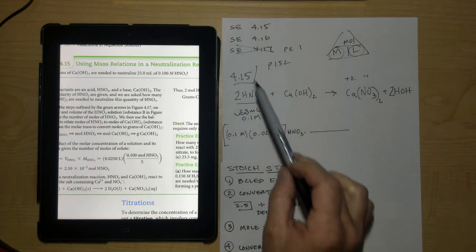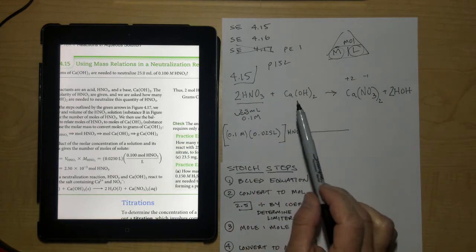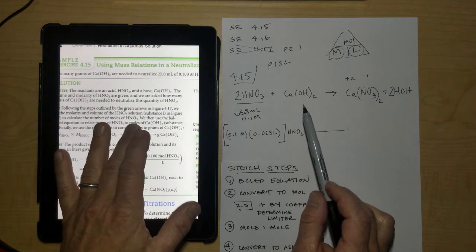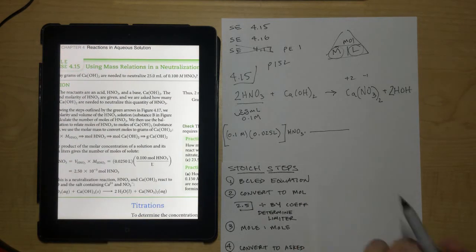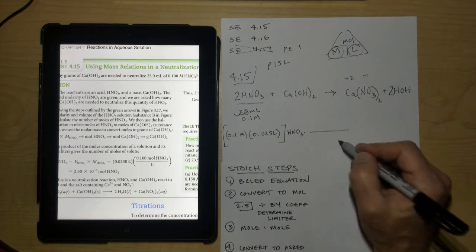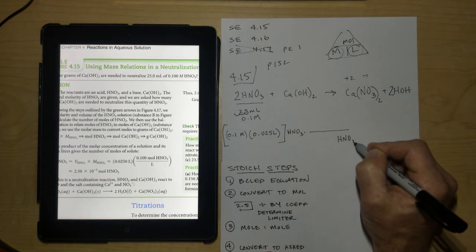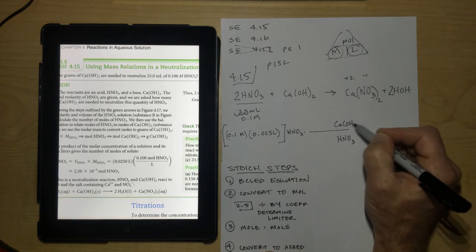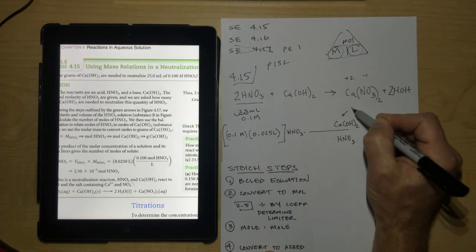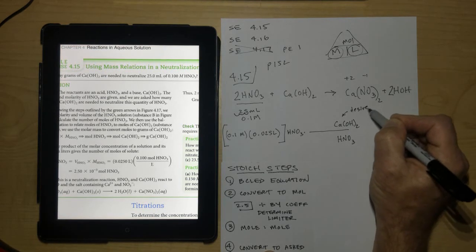Step number 2.5, divide by the coefficient to determine the limiter. I'm only given information about one of them, and it's asking how much Ca(OH)2 I'm going to need, so I don't have to worry about a limiter in this problem because it doesn't give me data about both of them. Step number 3 is the mole-to-mole ratio. Take HNO3 and put it in a position where it's going to cancel. Take calcium hydroxide, my desired units, and put that on the top.